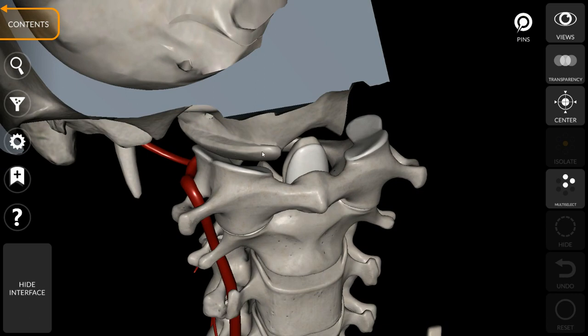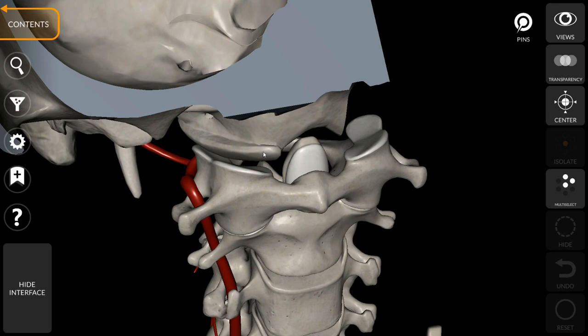This convex surface is known as, I think you should know, because in the last lecture we talked about the skull, the occipital bone. This convex surface at the occipital bone is known as the occipital condyle.